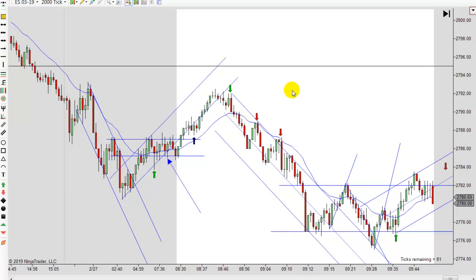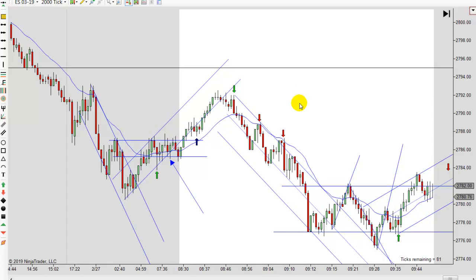But that's what a true failed second entry is: when a second entry triggers and then it fails and breaks below the next bar before it reaches a scalper's profit. So that's the legal, or the official, I guess. It's not illegal. That would be our official explanation of a failed second entry, whether it be short or long.